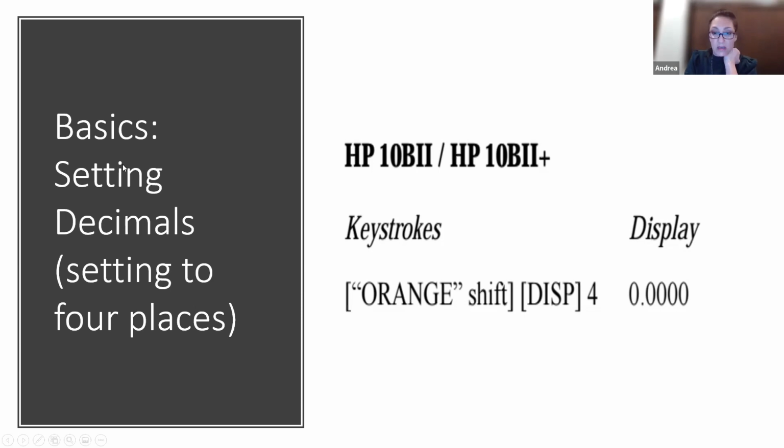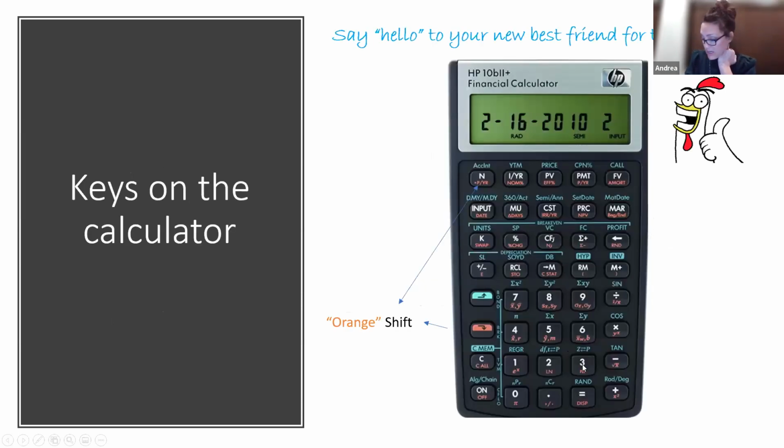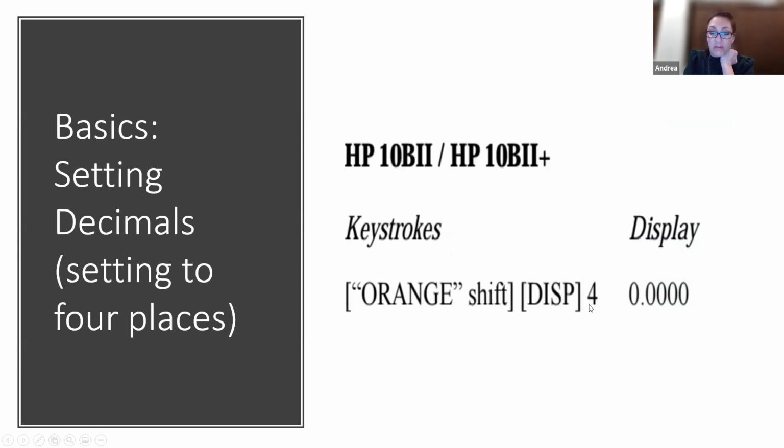Let me go back and show you. Your display button is right here, your equals button. So you hit shift and then display, and then you hit the number 4. Then you should see your calculator automatically populate. It should say 0.0000. Everybody got that? All right, wonderful.